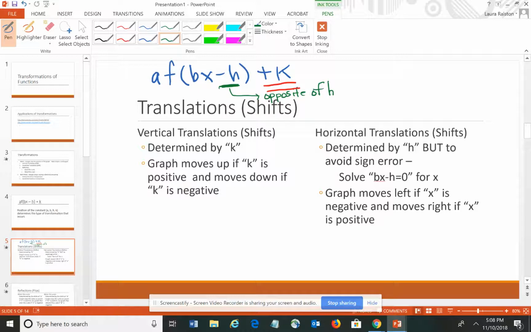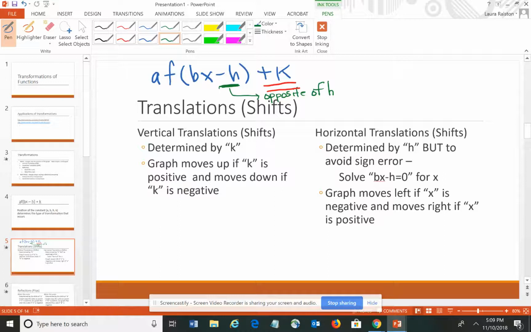So the horizontal shift is determined by the constant that is inside the parentheses with the function. And a lot of students tend to make a sign error with that because of that minus in there. And so one of the ways to avoid the sign error is to take the expression in the parentheses, set it to 0, and solve for x.